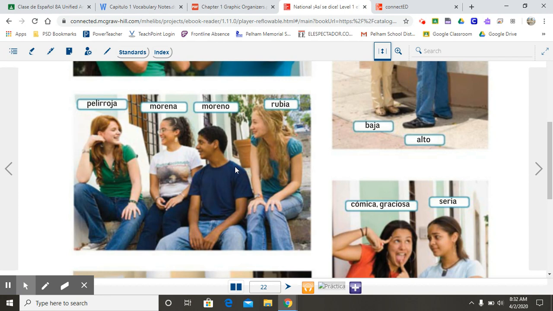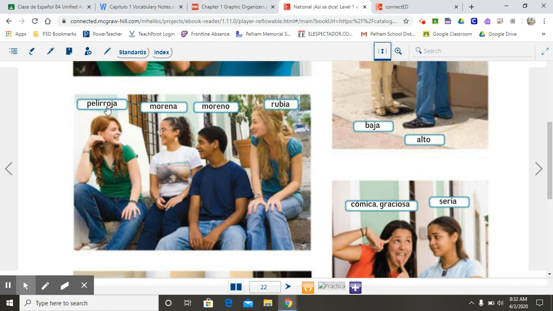So let's start off with this word right here. She has red hair. So the way you describe somebody that has red hair is you call them pelirroja. Remember, it's a girl, so it's going to end in A. Pelirroja.